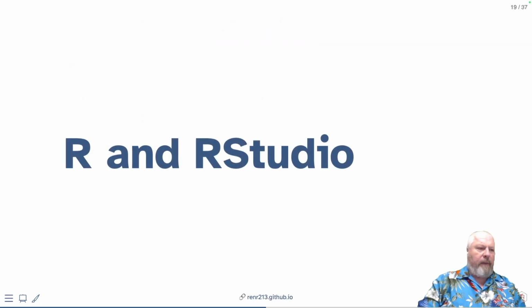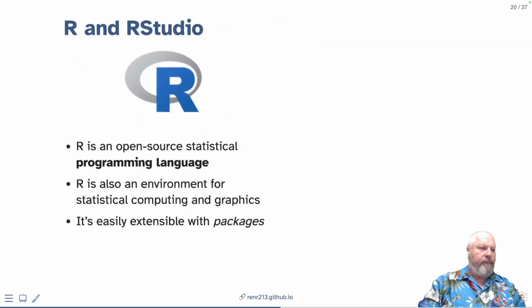So let's talk a little bit about R and RStudio. Well, R is an open source statistical programming language. It was developed from another language called S, which was not open source. It's free to use, free to download, and free to modify if you want to. It's also a good environment for statistical computing and graphics.